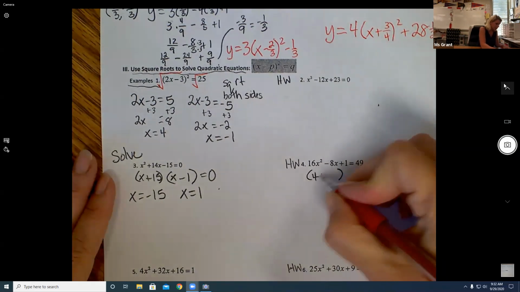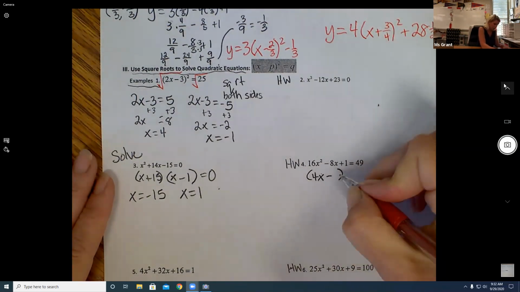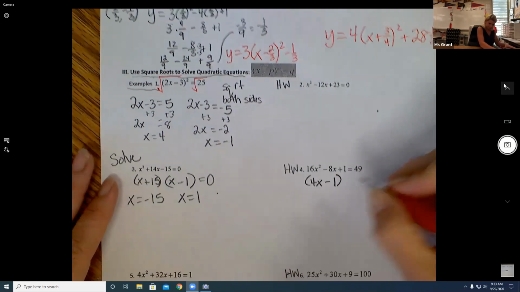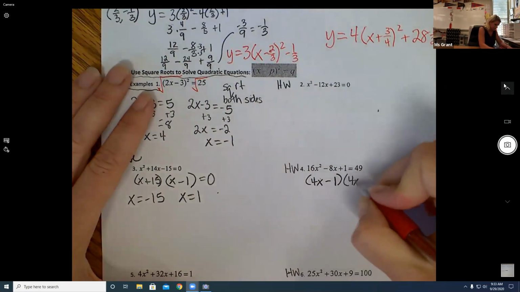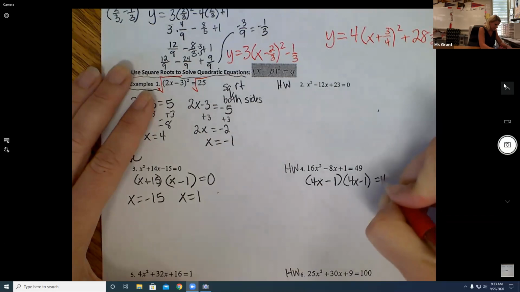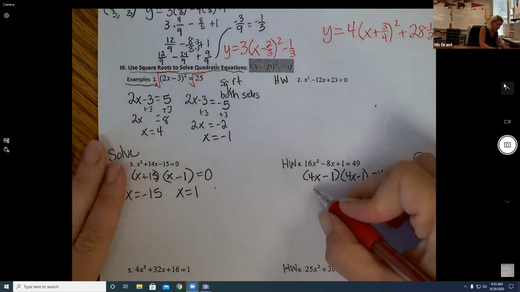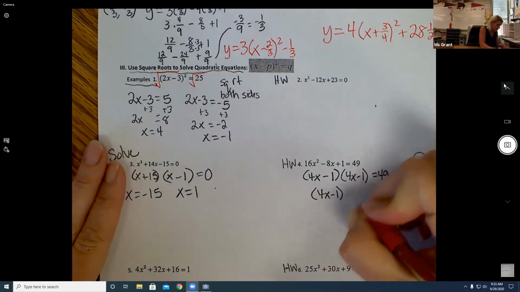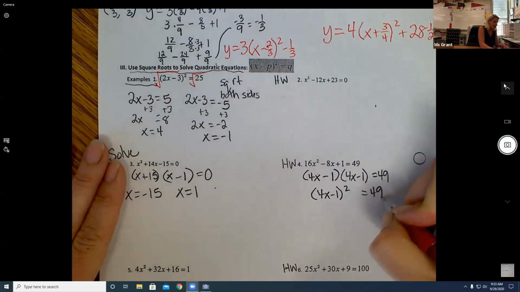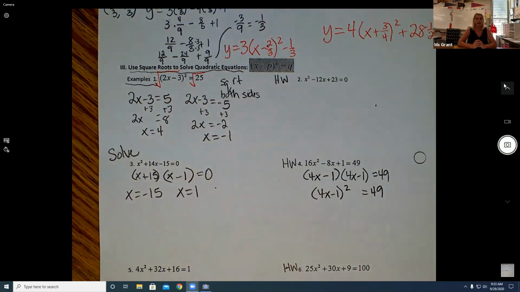It is 4x minus 1. So now I can do this like number 1. What I'm going to do is I'm going to write 4x minus 1 squared equals 49, and then you're going to square root both sides and do it just like we did number 1, okay?